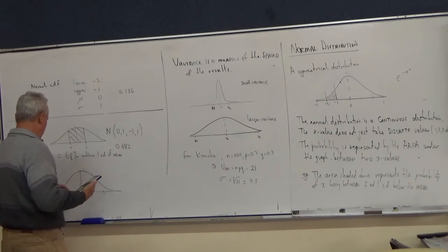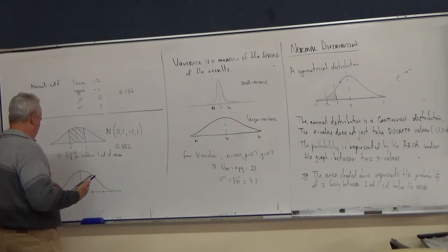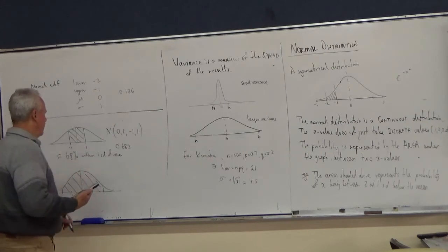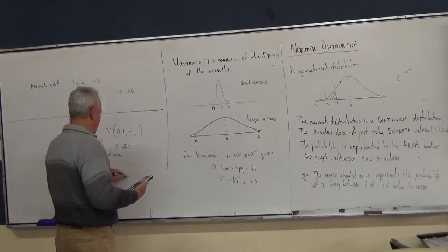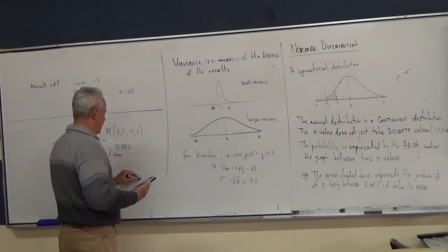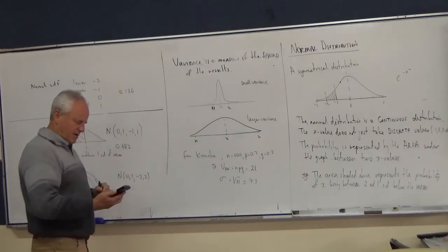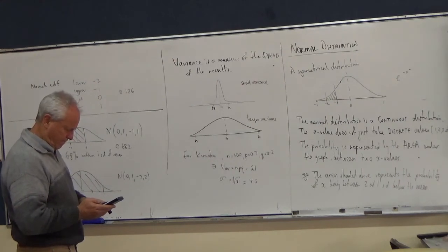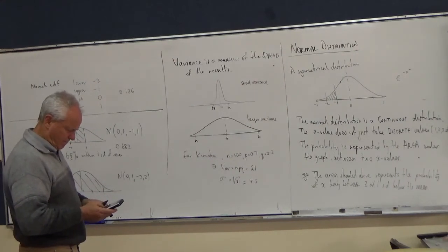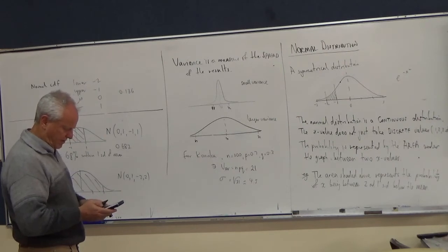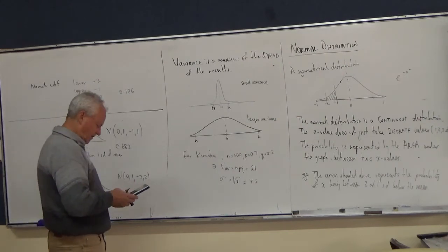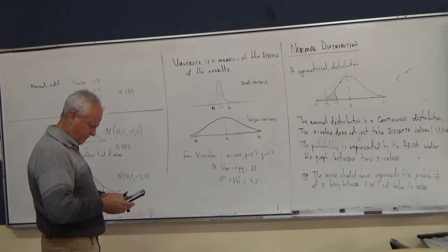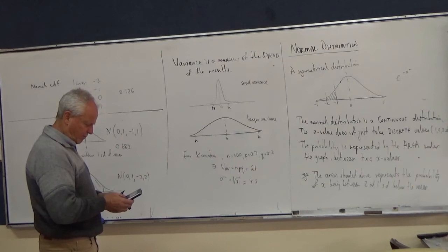Okay. So now on a normal distribution, 0, 1, -2 and 2. Right, let's feed that in. And we get from -2 to 2, still 0 and 1.